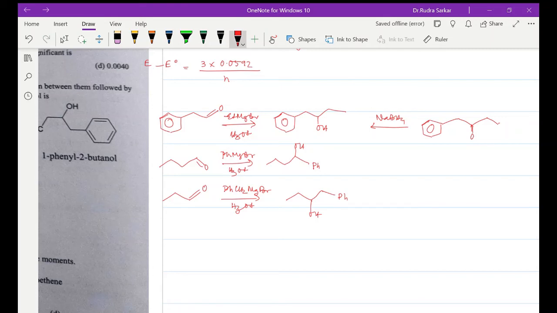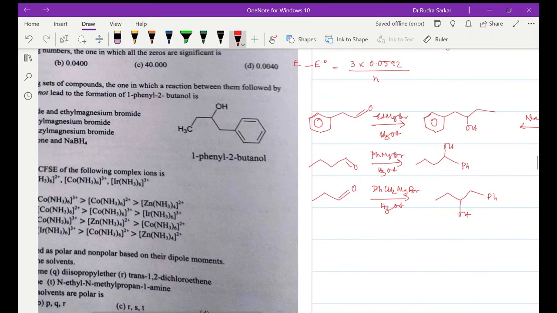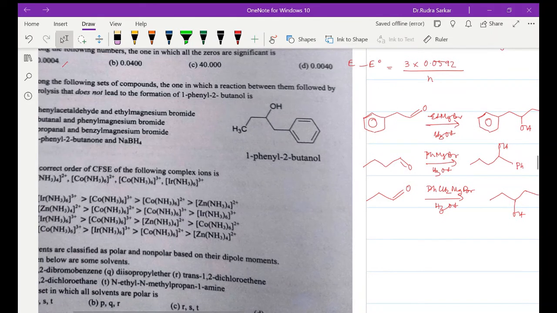So if this is treated with NaBH4, then we get the desired product, 1-phenyl 2-butanol.